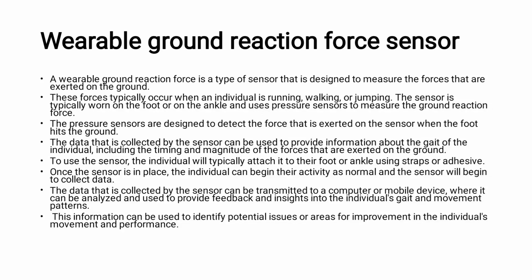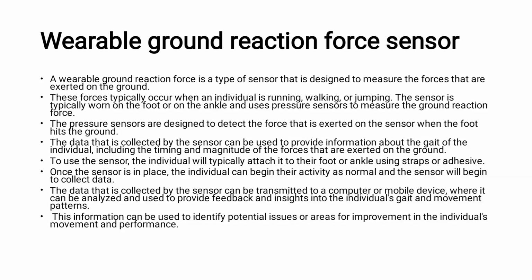When the foot hits the ground, the pressure sensor will detect that particular force. Then this data will be collected by the sensor. This will give information about the gait, which means the walking pattern of that particular individual, then the timing and magnitude of the force that is exerted on the ground.